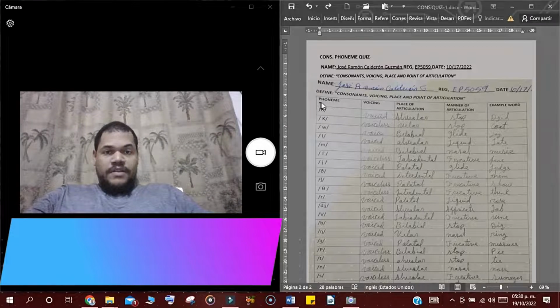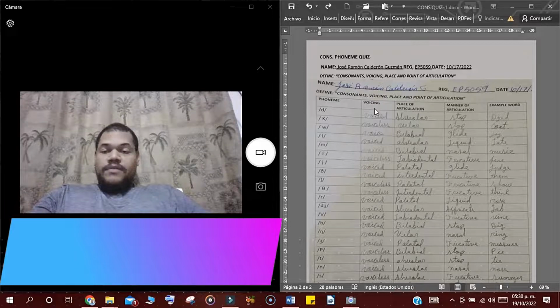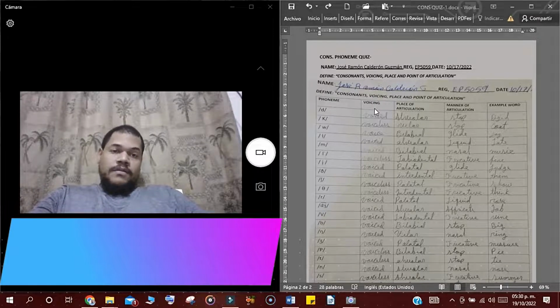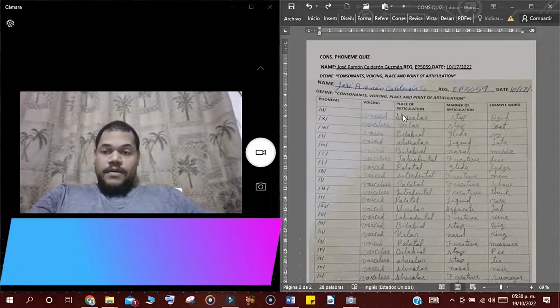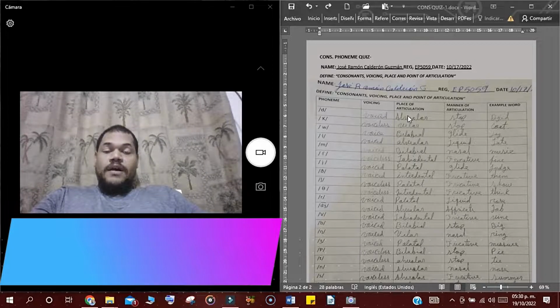Here we have the phoneme D, which is voiced because the vocal cords vibrate at the time we pronounce this phoneme. Also, this phoneme is alveolar because the tongue presses against the alveolar ridge, the fleshy or bumpy part of the vocal tract just behind the upper teeth.